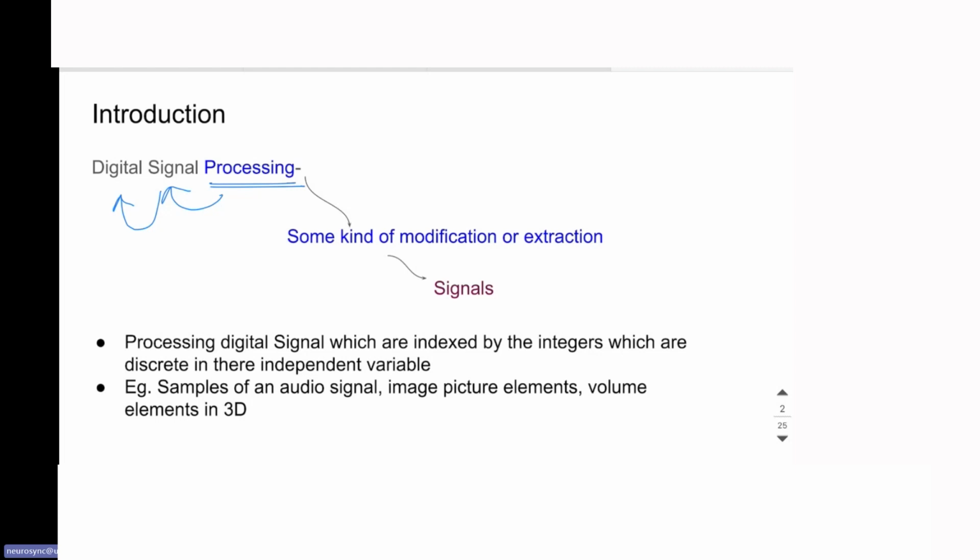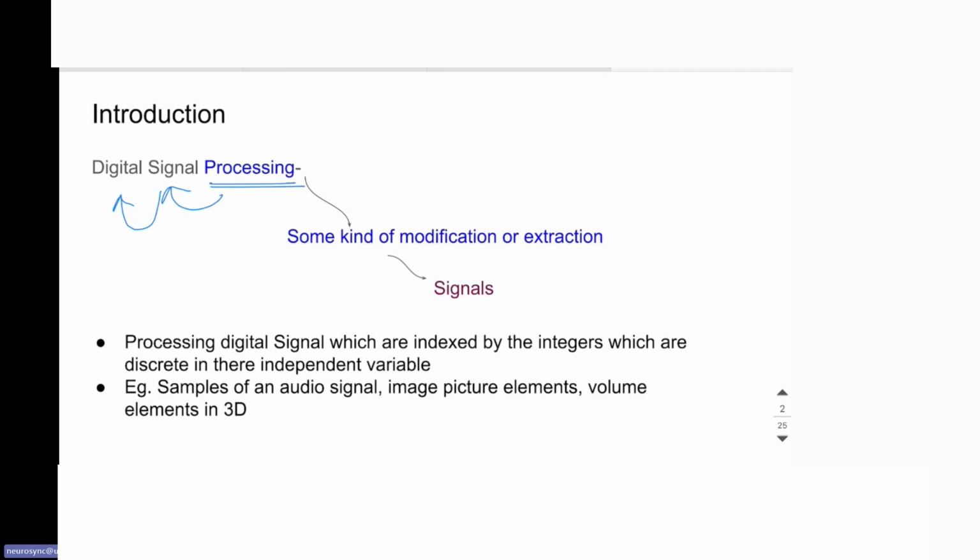We are processing these digital signals, which are basically indexed by the integers. Later in this class, we will see what is the digital signal and what is the analog signal.